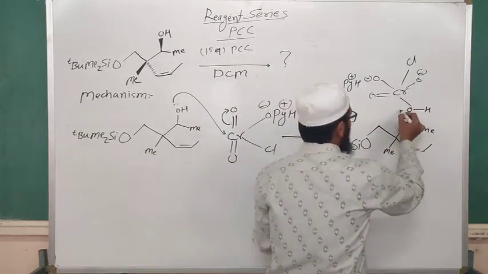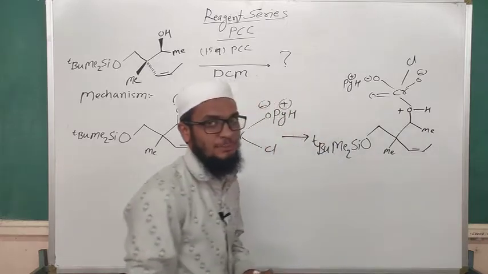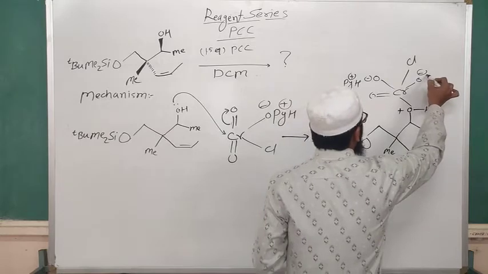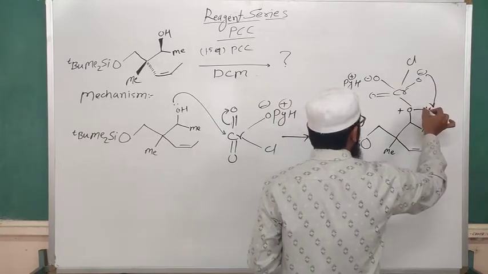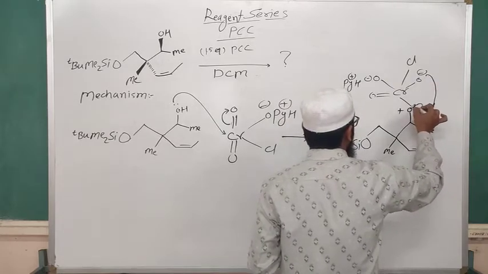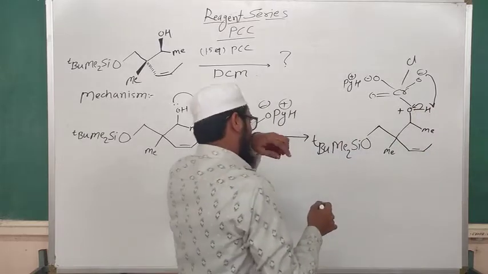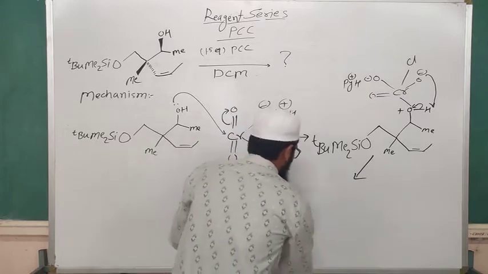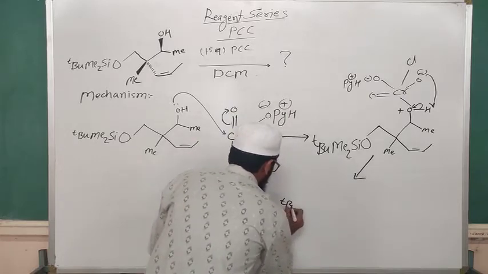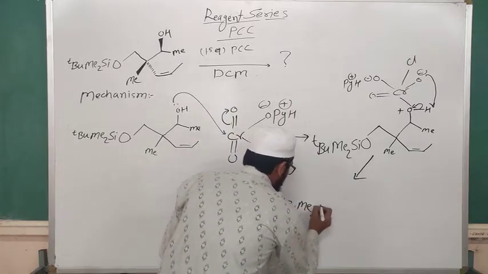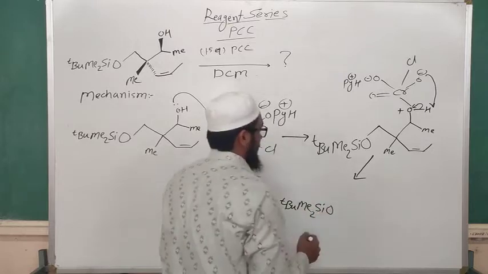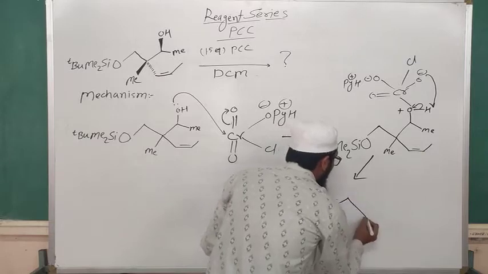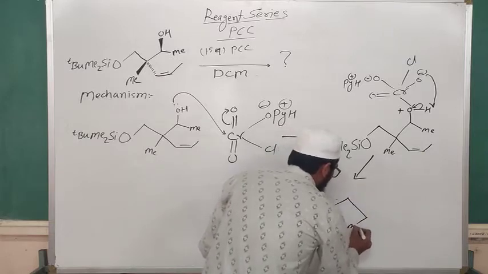Now this oxygen is trivalent, hence it is positive in charge. To neutralize it, this oxygen negative will abstract this hydrogen, and this oxygen-hydrogen bond electron will turn towards oxygen to make it stable. And what we'll get, I will write it down. We have our tertiary butyl dimethyl selenium oxide and our CH2 group, and then our methyl group.